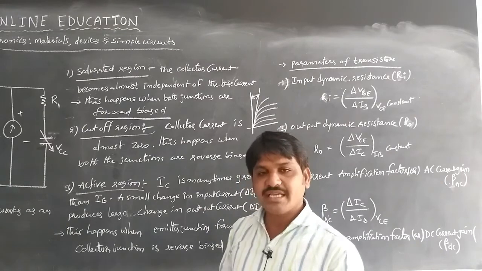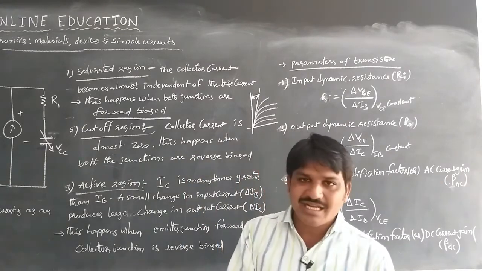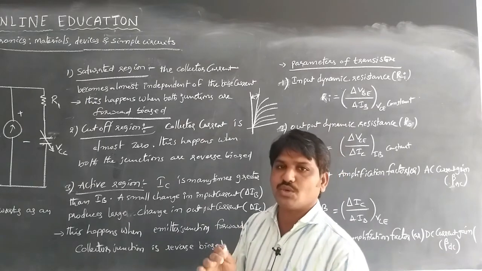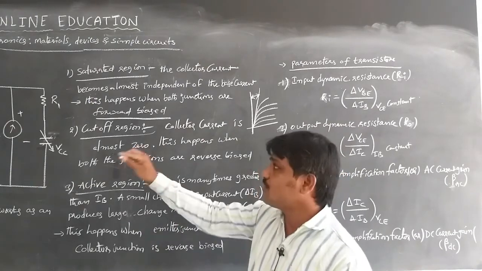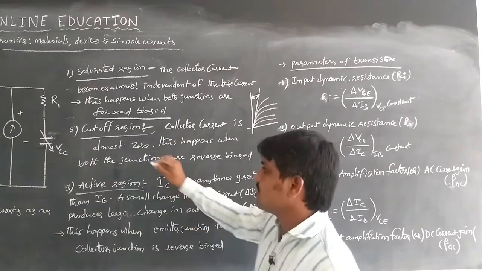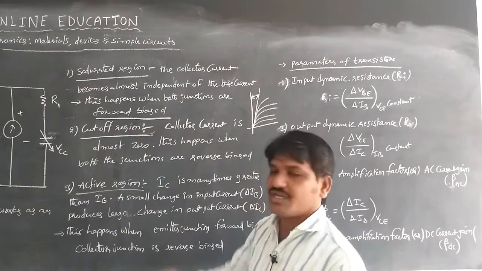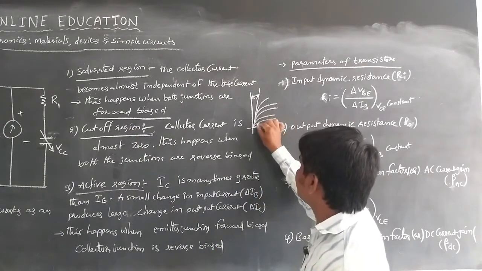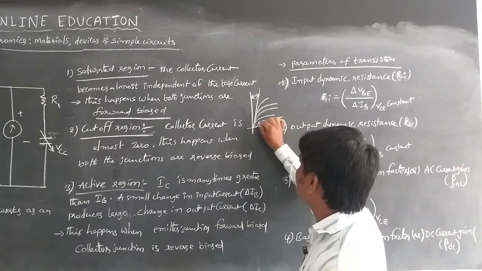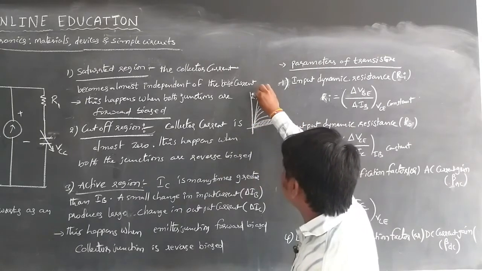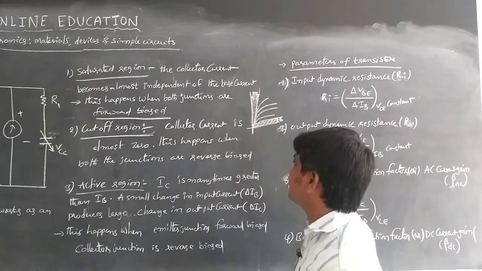And the next one is when the collector current is almost zero. This happens when the input and output junctions are reversely biased. That region is called the cutoff region, where no current flows through the circuit, and the other is called the saturated region.